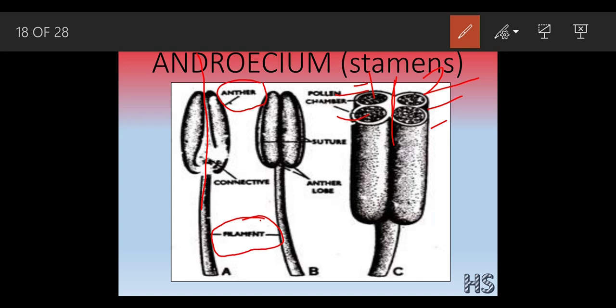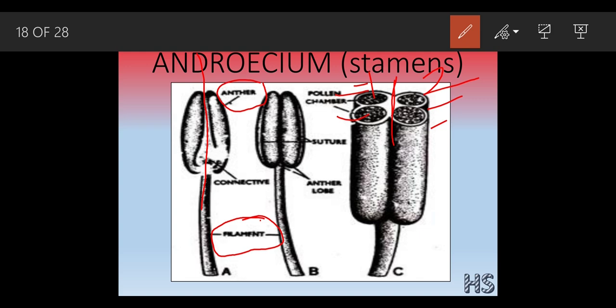What does this pollen sac contain? The pollen sac contains the pollen grains inside it. What is the function of these pollens?